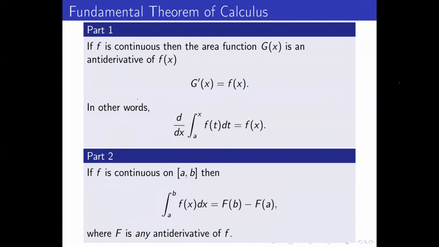Conversely, you can compute the definite integral of f using an antiderivative of f. So the integral of f from a to b is capital F of b minus capital F of a, where capital F is any antiderivative of f.